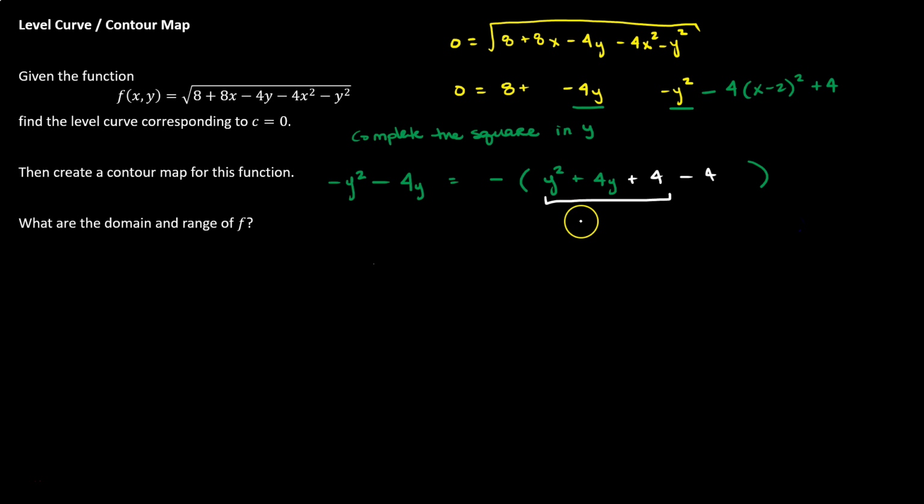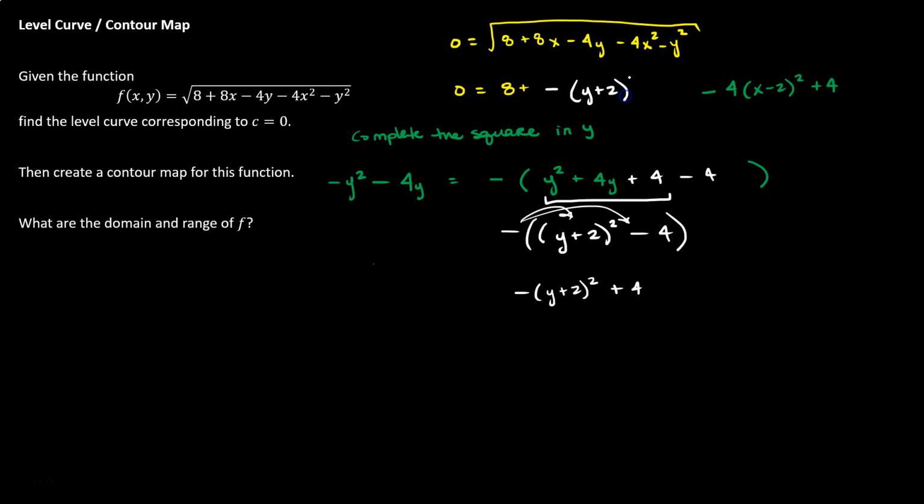Y squared plus 4y plus 4 turns into y plus 2 quantity squared. Bring down the rest. Distribute my negative back in. I'm going to replace the y terms that we had with the completed square version.